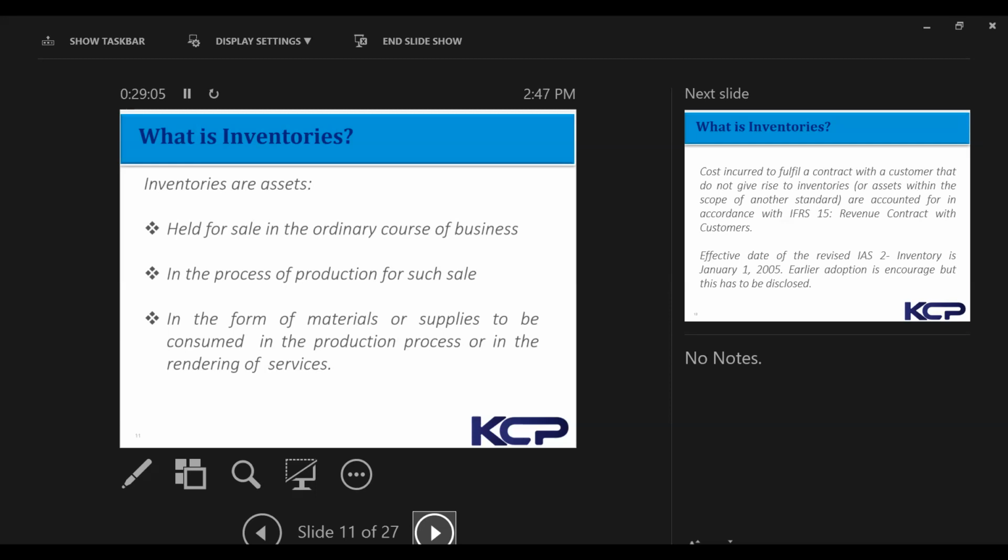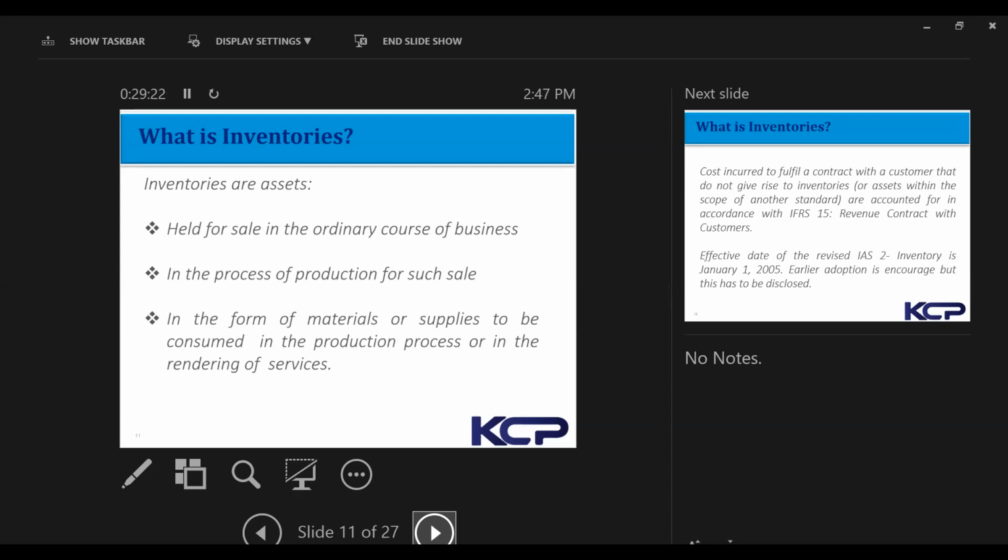So going on, inventories are assets. At least when I now say asset, you know where I'm coming from. Good. So inventories are assets held for sale in the ordinary course of business.